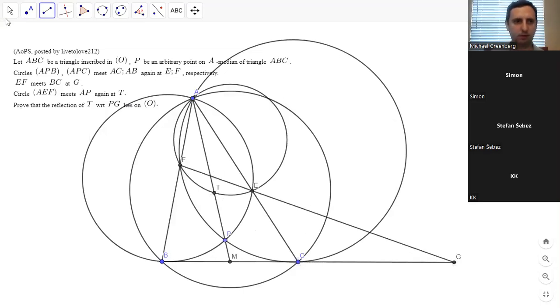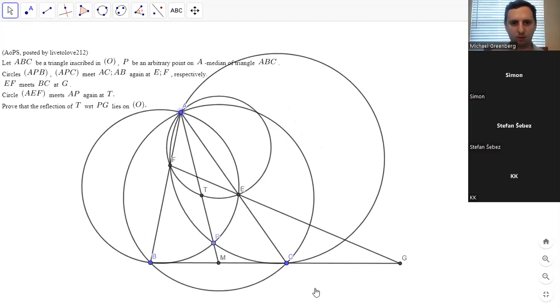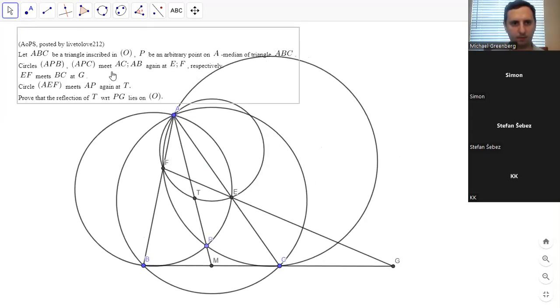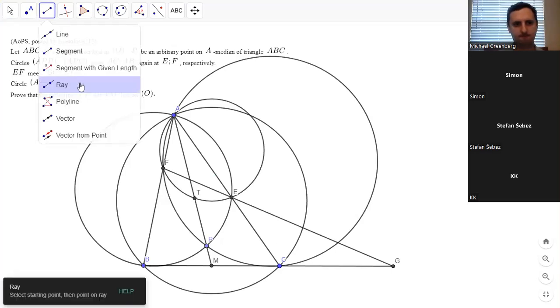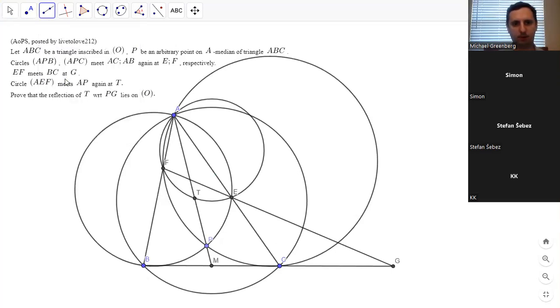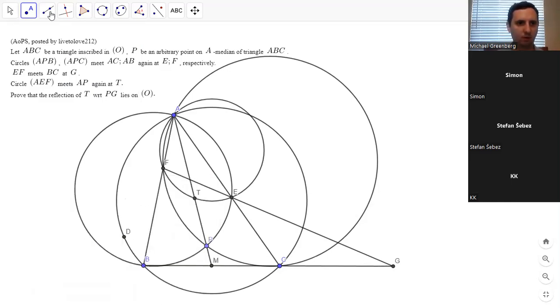All right. So maybe I should just draw the ray PG.